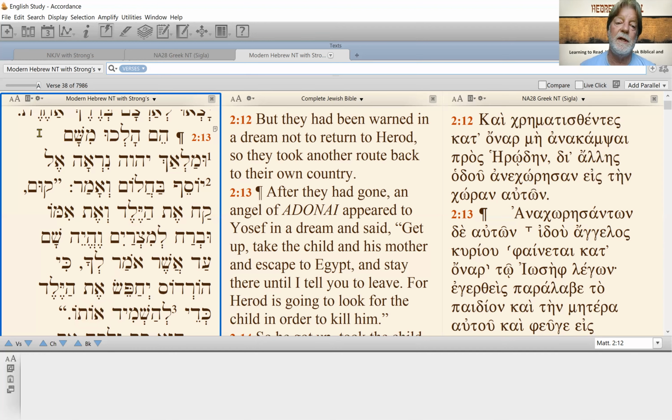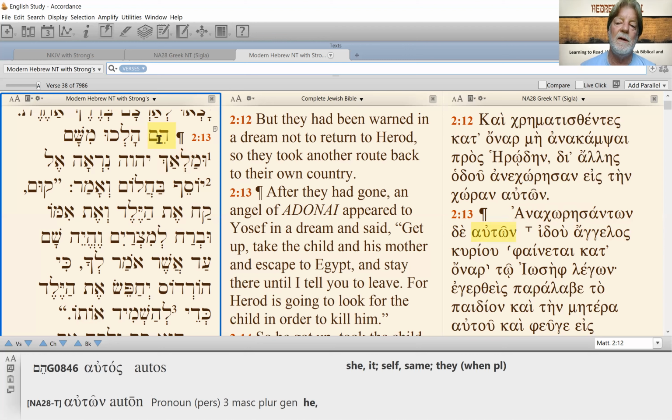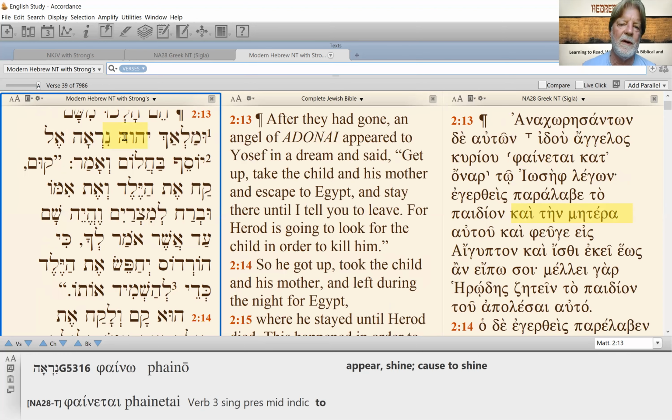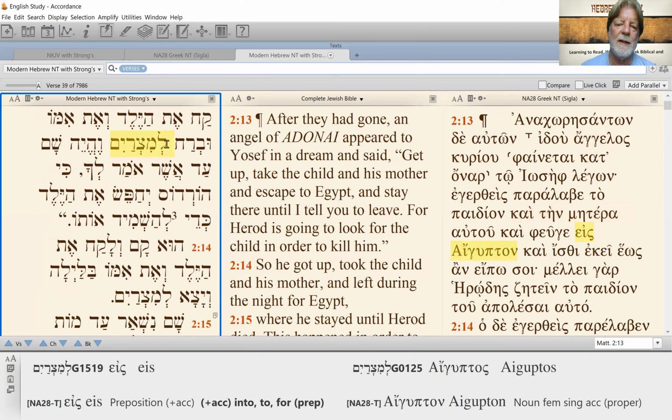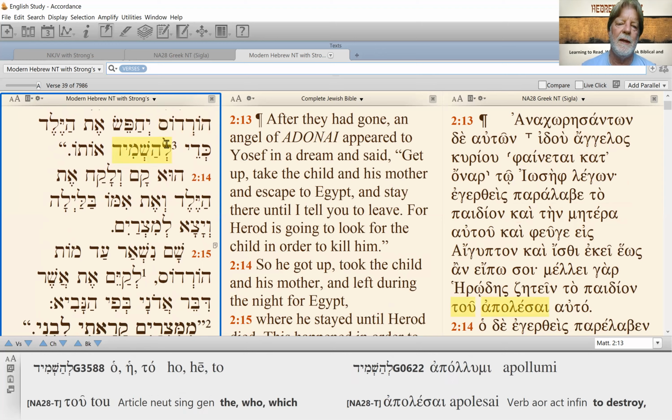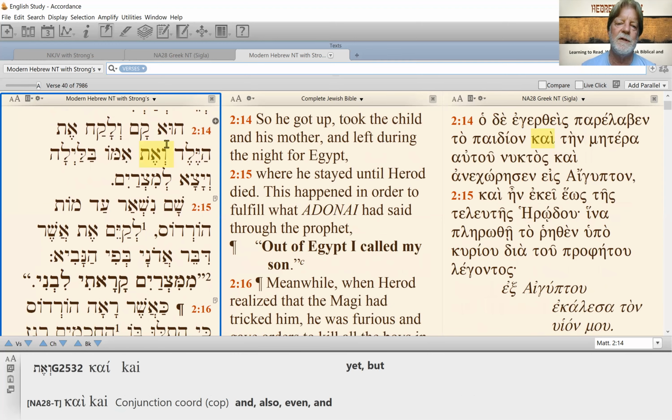So, verse 13, ham halaku, they went, like after the wise men had gone. Oh, we already did this, didn't we? We already did the Malach Yahweh appearing and warning them to go to Mitzrayim. Sorry, I didn't advance the text here.